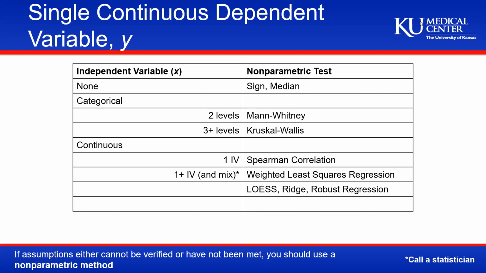Whatever the evaluation is, you probably should call a statistician, I would say, because there might be some things that you can do to adjust the data to make the t-test work if you really need the t-test output, because sometimes it's more informative.